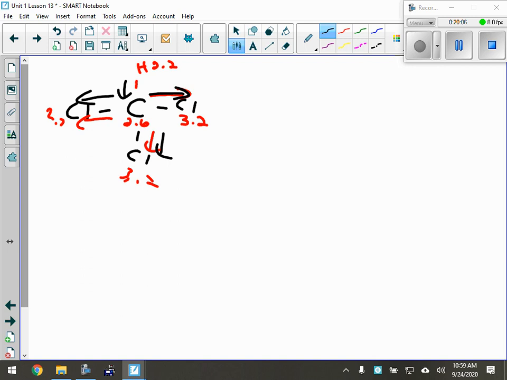So this is going to be partially negative, and this will be the partial positive end here. Don't worry about that too much, but that's what's going on with that molecule. They don't always pull away from the central atom. Sometimes they go into the central atom. It just depends on those forces. Do they cancel each other out?